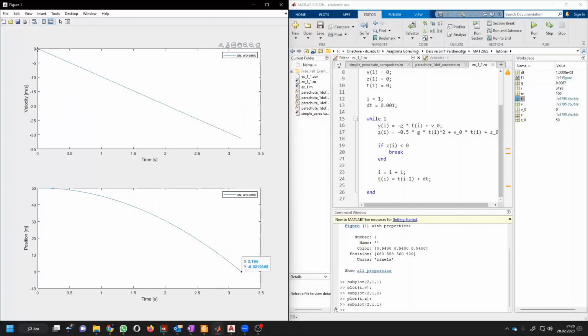If we look at the velocity with respect to time, we see a linearly increasing velocity in the negative direction. It starts from our initial condition, which was 0, and it ends at a speed of around minus 30 meters per second.